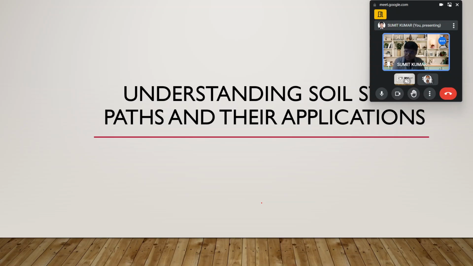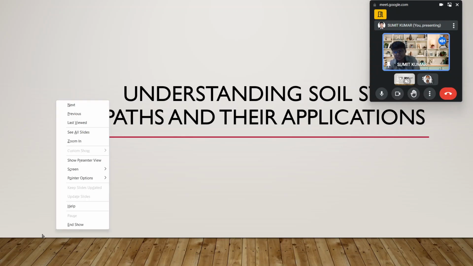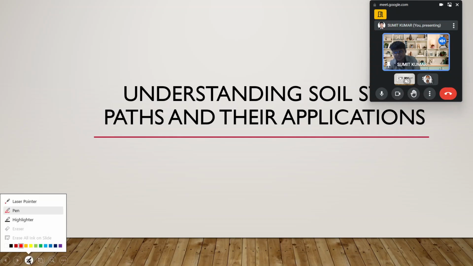Okay, so I think this thing is very clear, and now we will move into understanding the soil stress path and its applications. The application is one of the important parameters, and we are very keen about that fact.